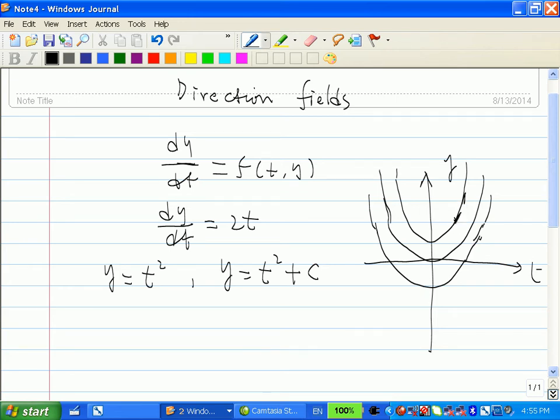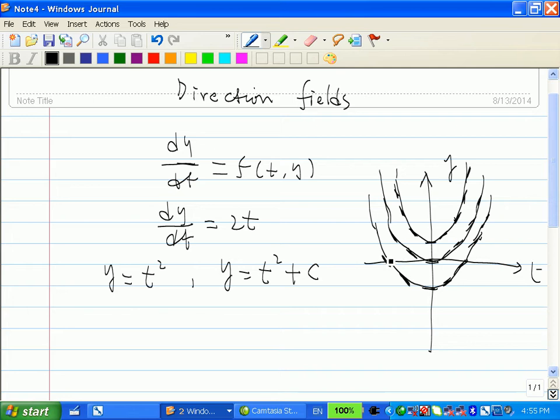So you have a tangent here, a tangent there, a tangent at every point. You can do that for each such parabola, and with infinitely many curves, we can get those tangents at every single point.